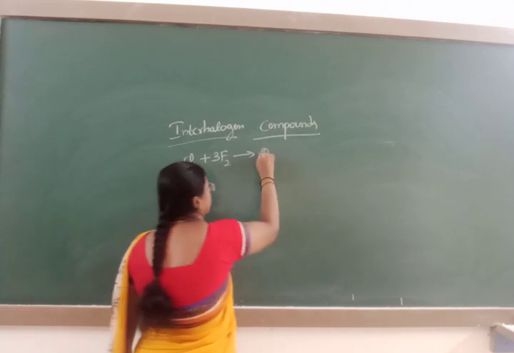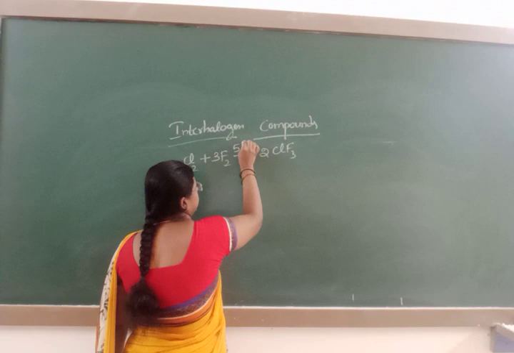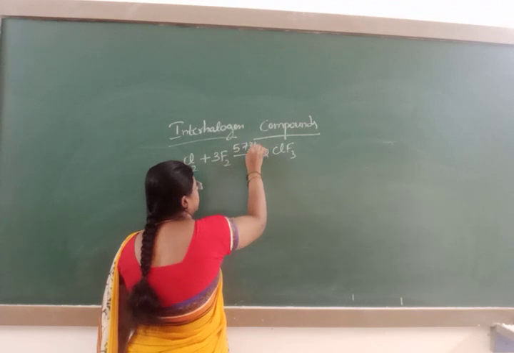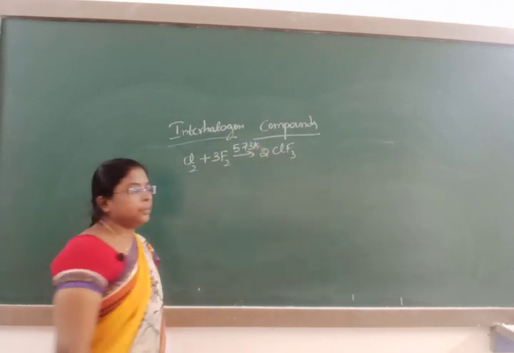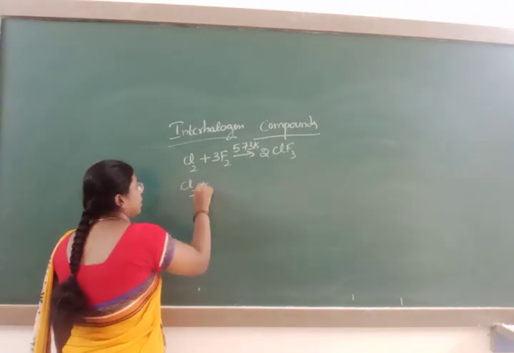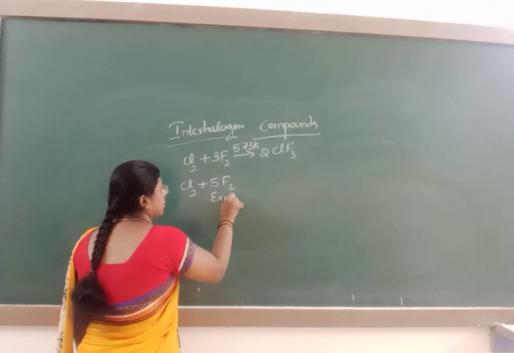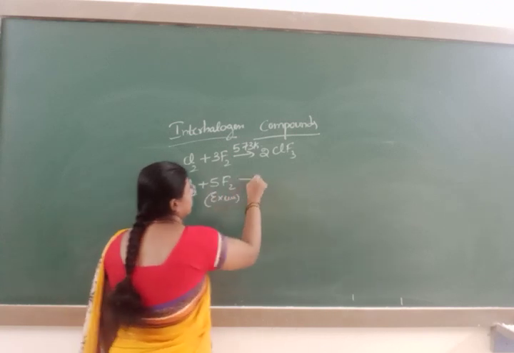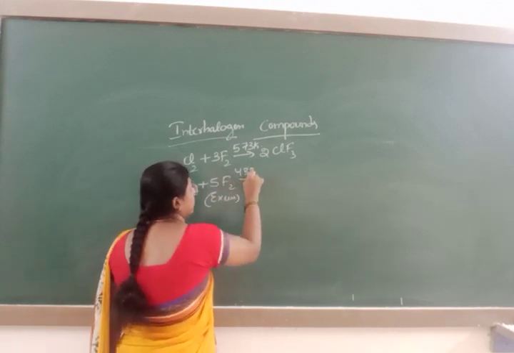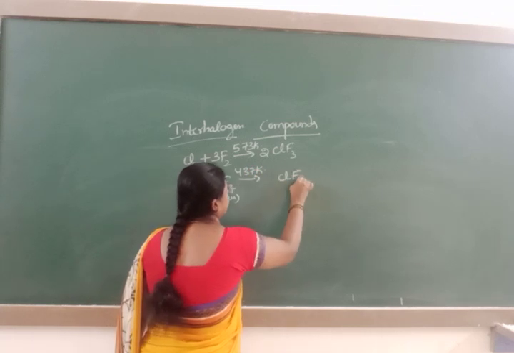ClF3, at 573 Kelvin. If excess fluorine reacts with chlorine, 5 molecules of fluorine, at 437 Kelvin you get ClF5.